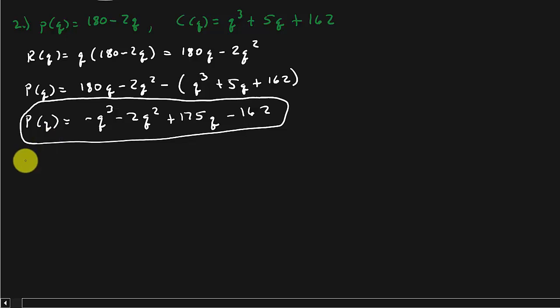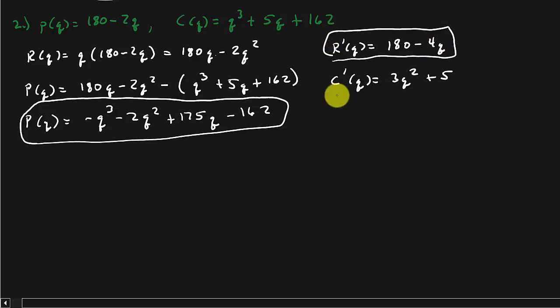All right, and then we need our marginal revenue. So our marginal revenue, that's going to be R prime of Q, we're taking the derivative of this. So that's 180 minus 4Q. And our marginal cost is 3Q squared plus 5. All right, so there's your marginal revenue. There's your marginal cost.